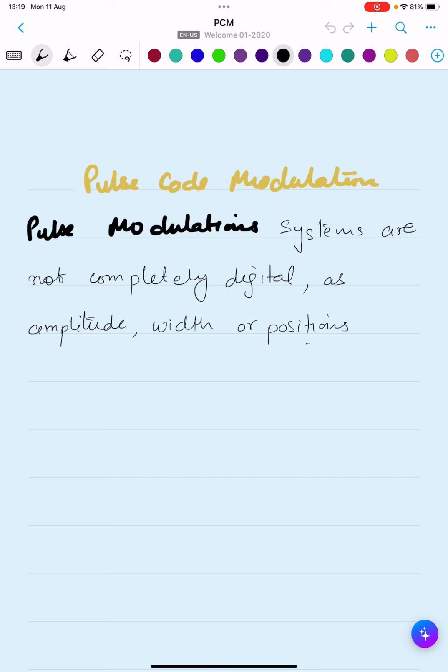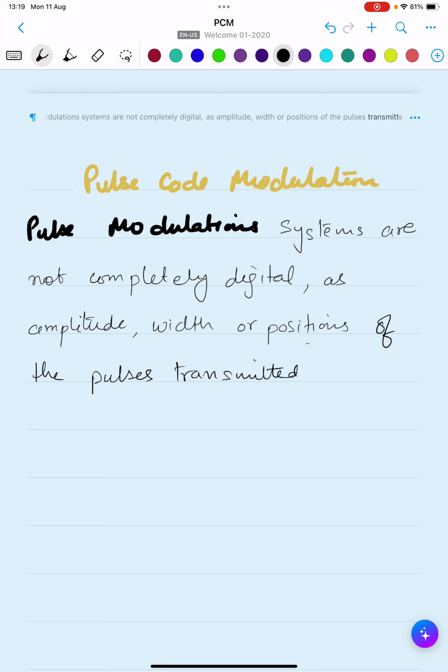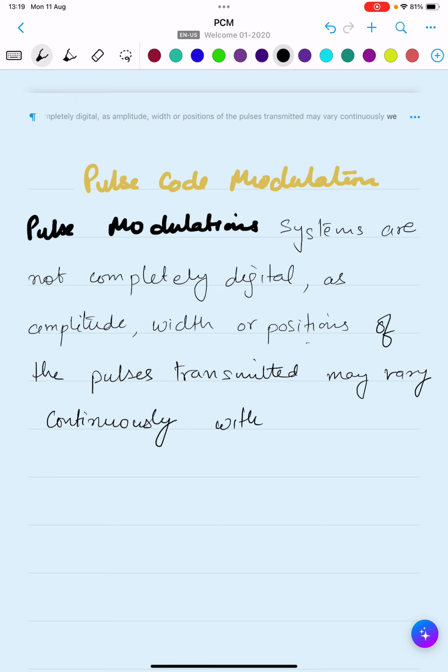Pulse code modulation systems are not completely digital systems, as the amplitude, width or positions of the pulses transmitted may vary continuously with baseband signals. Variation.